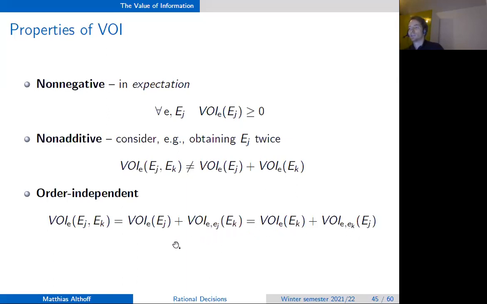So the order here doesn't matter because we're looking at a static problem. However, of course, if you have a dynamic system, as we will look at in the next lecture, then at what time you obtain the information makes a difference. But here, if you look at the static problems of this lecture, it doesn't matter.